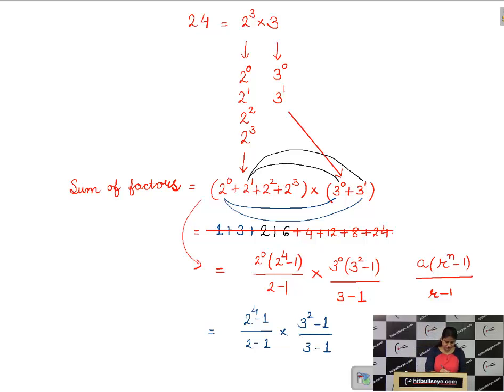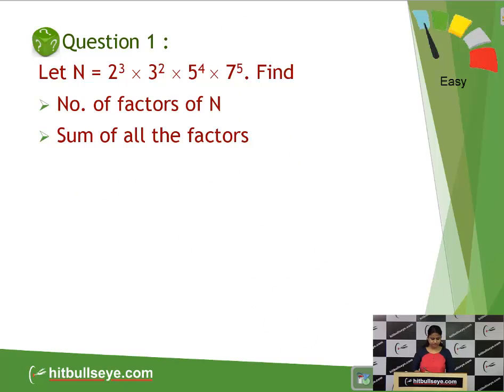Now come to sums. This is the very first question. Let n be 2 cube into 3 square into 5 raised to power 4 into 7 raised to power 5. Find the number of factors of n and the sum of all the factors of n.